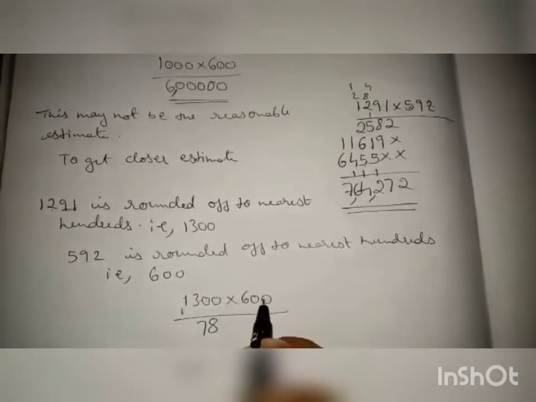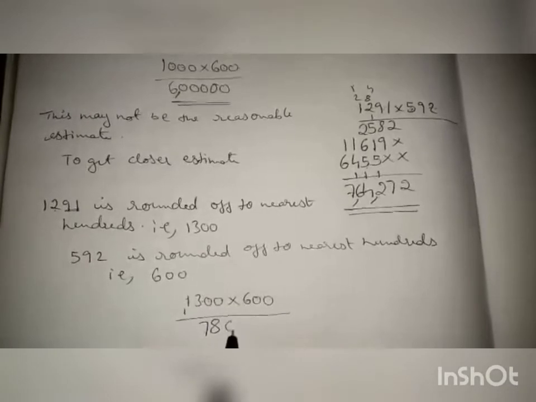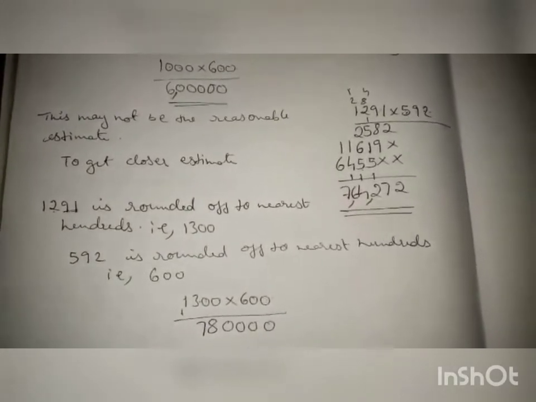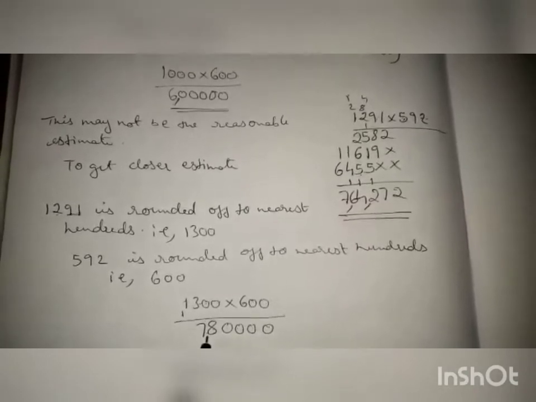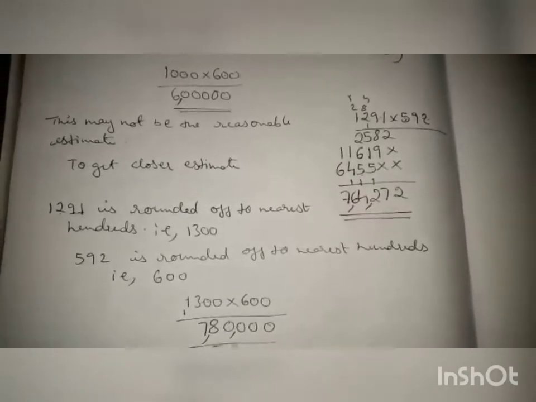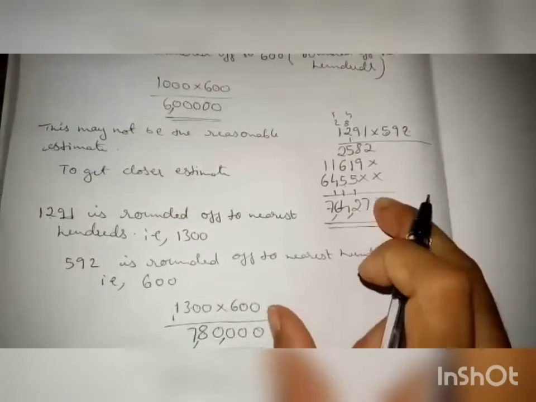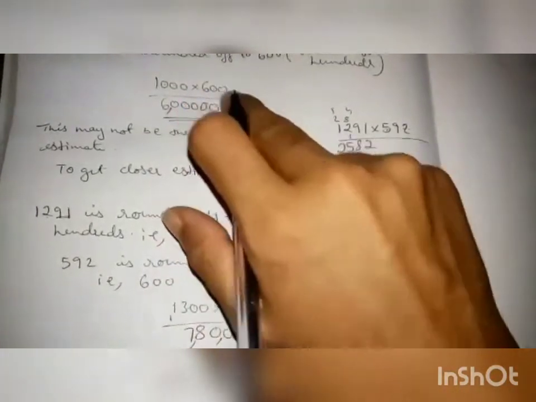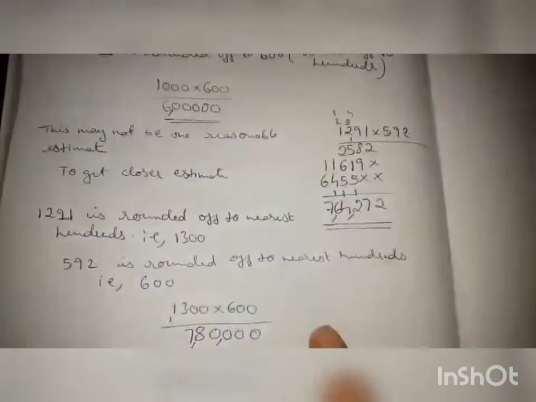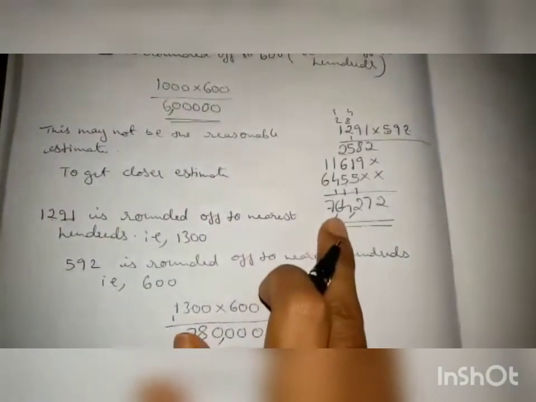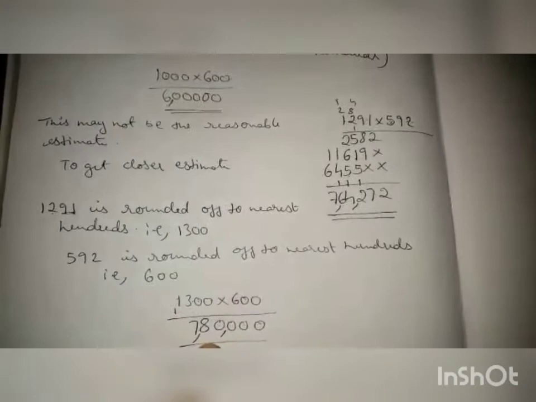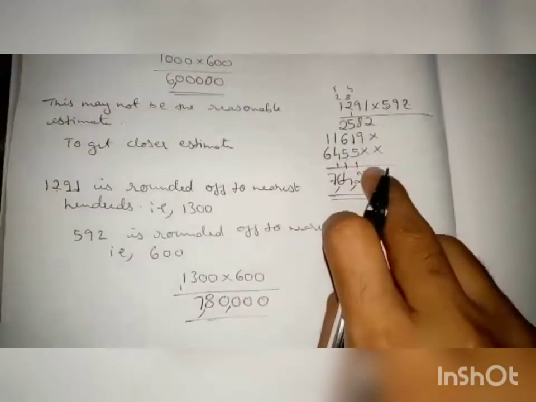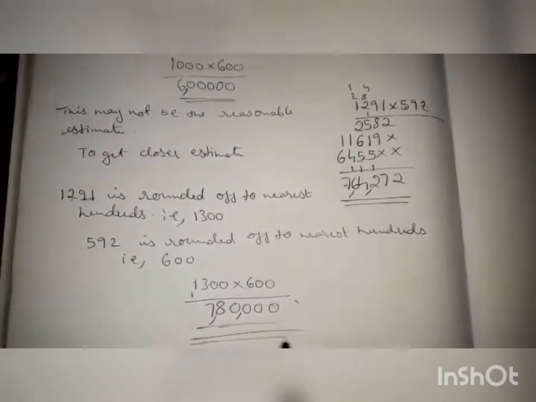Next, put away the zeros, 4 zeros: 1, 2, 3, 4. So unit, tens, 100, 1000, 10,000, lakh. So 7,80,000. Now this is nearer, right? There is a lot of difference between 6 lakh and 7,64,000. Now 7,64,000 and 7,80,000, this is nearer. So this is the closer estimate.